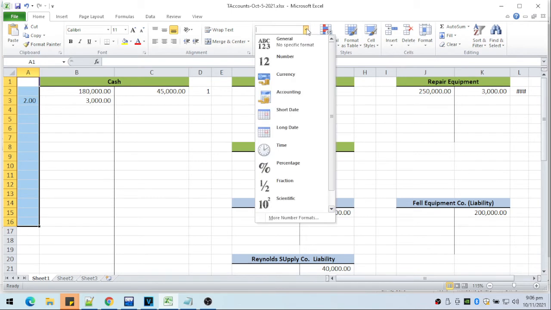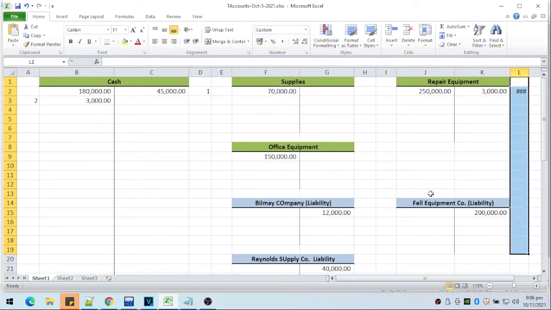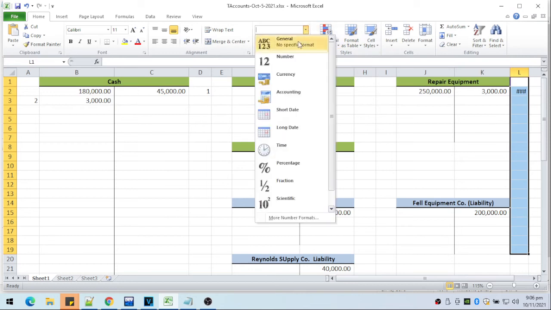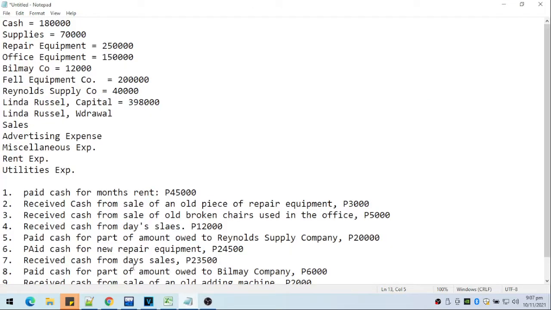Again, we debit cash and we credit repair equipment. Cash will increase and repair equipment will decrease because we have sold our repair equipment.